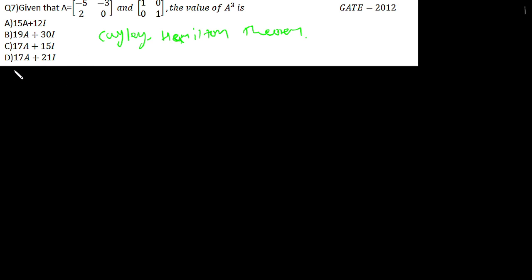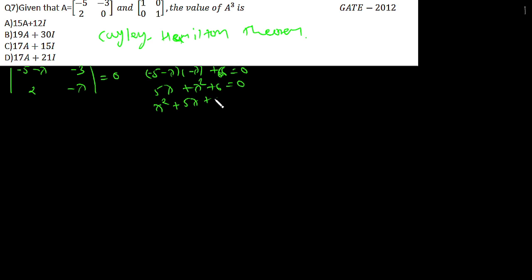So what we are going to do: first let's find the eigenvalues of this matrix A. What we are getting is minus 5 minus lambda, minus 3 remains as it is, 2 remains as it is, and minus lambda. Let's find the determinant and equate it to 0. If we expand and multiply, we get lambda square plus 5 lambda plus 6 is equal to 0.